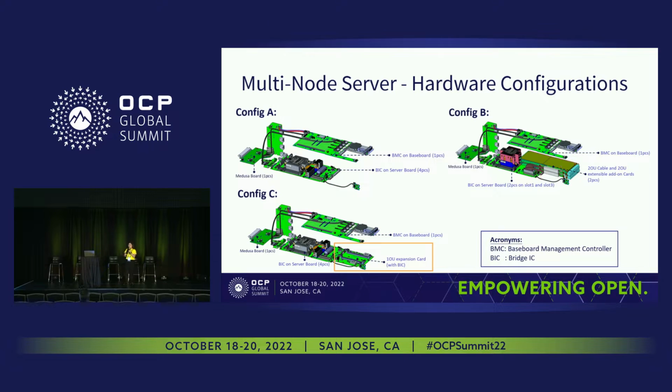And the config C contains 4 server boards. Each server board can connect with a 1OU expansion card. The difference between config A and config C is the 1OU expansion option. So all in all, BMC is on the base board and connects with individual server modules with cables to support various configurations.